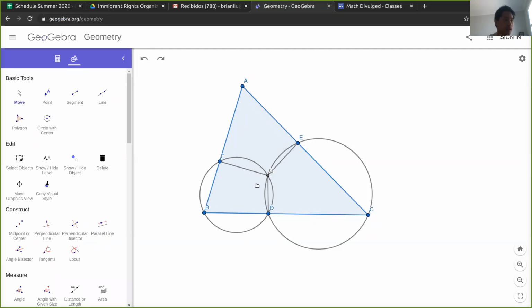This angle relates to the whole triangle by being 180 minus B, because this is cyclic. And then this angle is 180 minus C because this is cyclic.